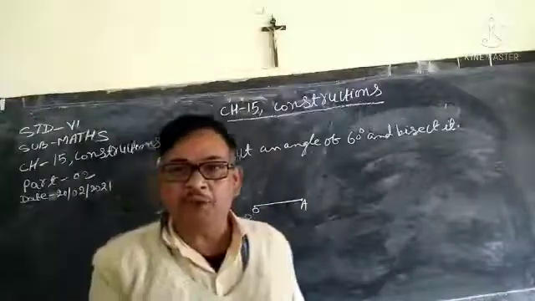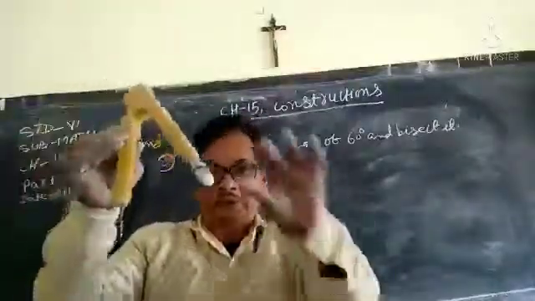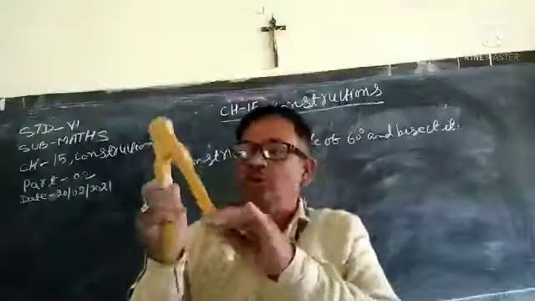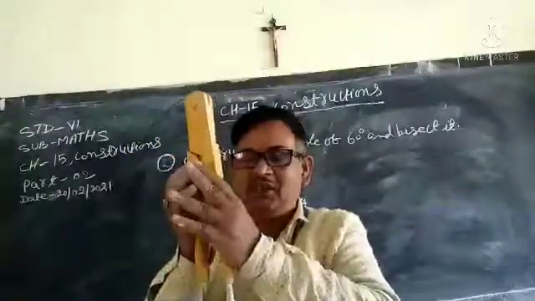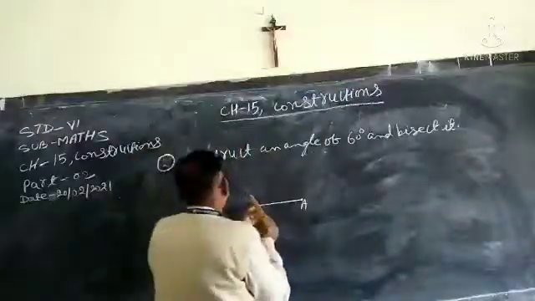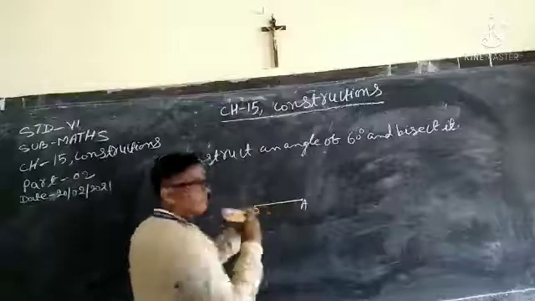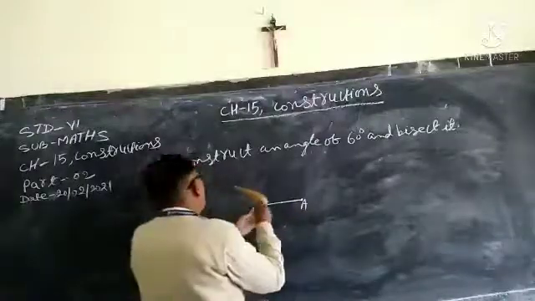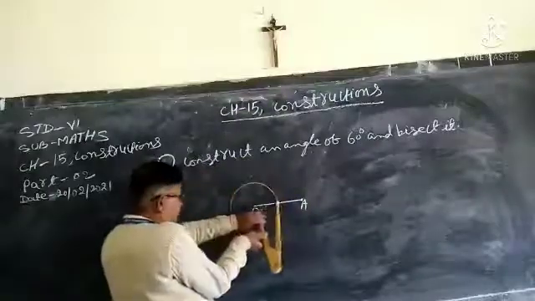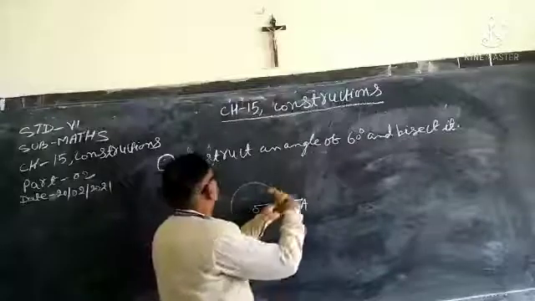With the help of this compass, you take any arc, big or small, neither big nor small, average. Take one arc. Very good. The first step, this one is 60 degree.